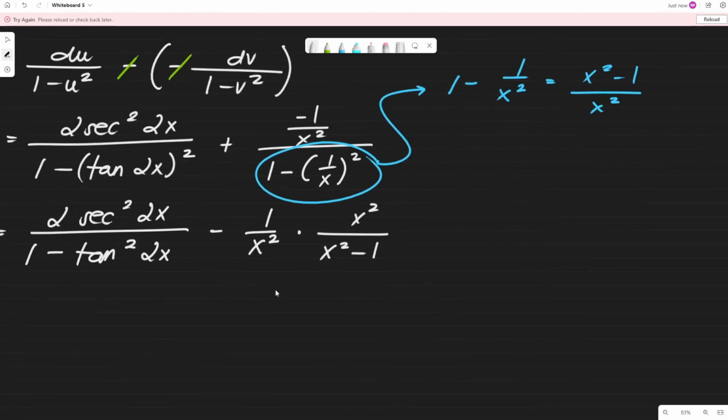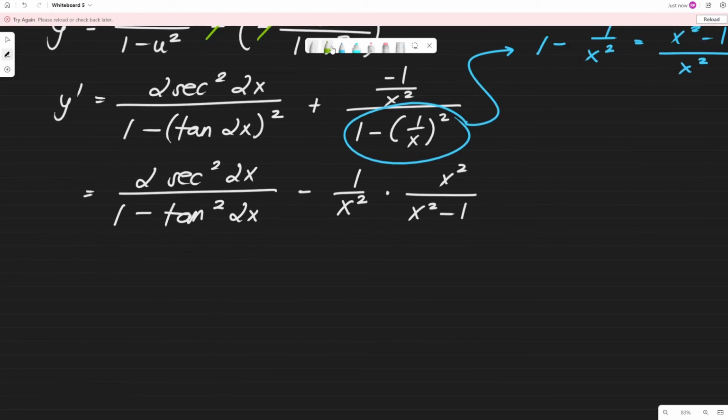Just to simplify. Then of course makakancel yung x squared, 'di ba? Tapos 'di ba, remember, if you can remember, no? So we have trigonometric identities, 'di ba? So let us check. Does 1 minus tangent squared u is equal to something, 'di ba?